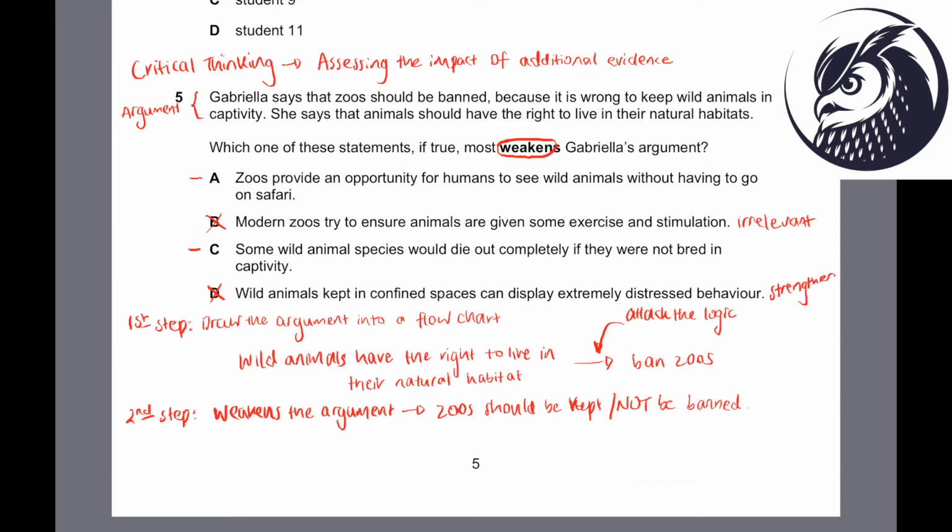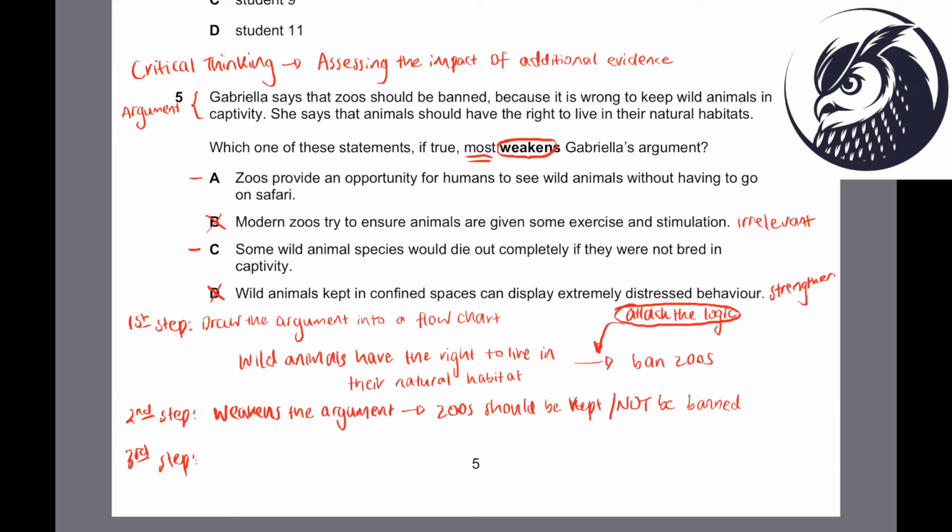Now, this brings us to a scenario which is very common for these types of questions. You basically narrow it down to two options that both kind of weaken the argument, okay? Now, the tricky thing is you need to find the one that most weakens, right? Most weakens, as you can see in the question stem itself. And the answer option that would most weaken Gabriela's argument is something that attacks its logic, okay?